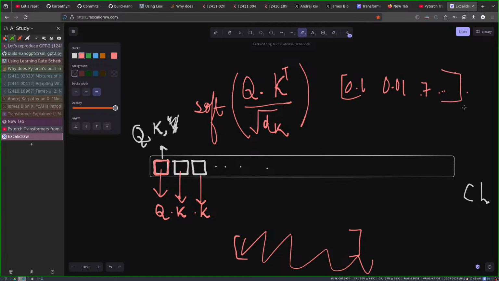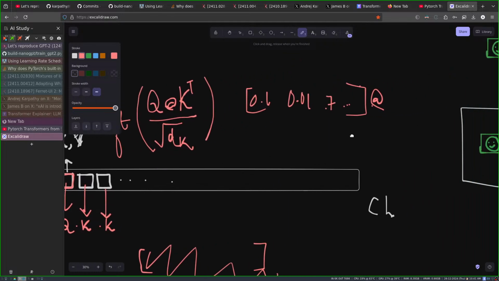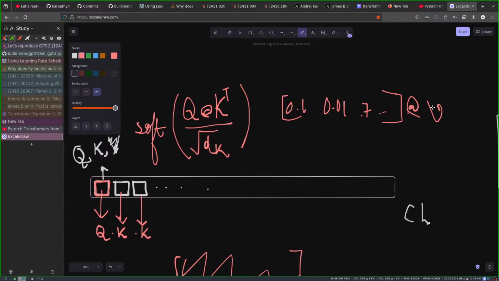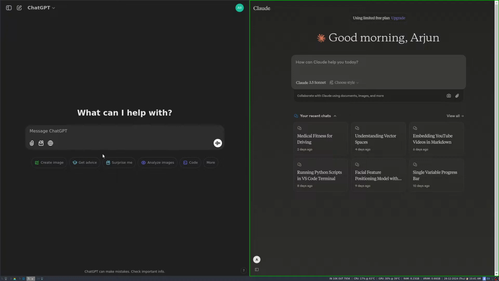Now we multiply this by value. We dot product it with the value. The value matrix is also a trained parameter. I don't know if there's a value matrix for each.